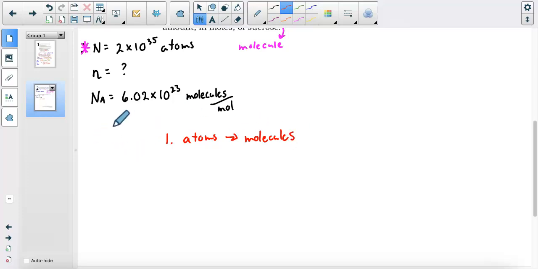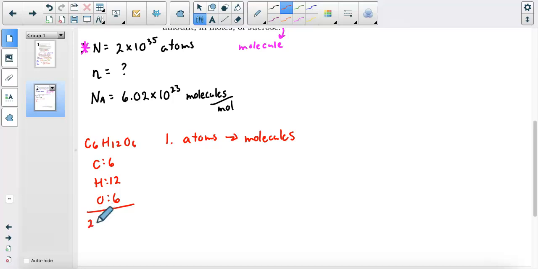Okay, so we have C6H12O6. So that means we've got 6 carbon, we've got 12 hydrogen, and you've got 6 oxygen.